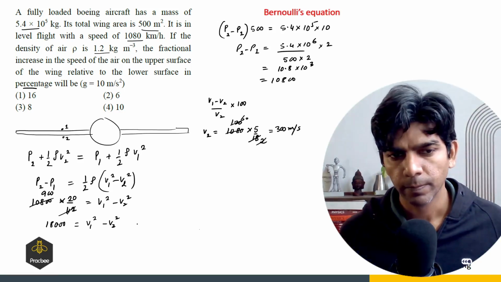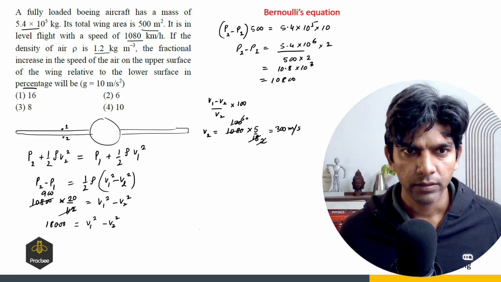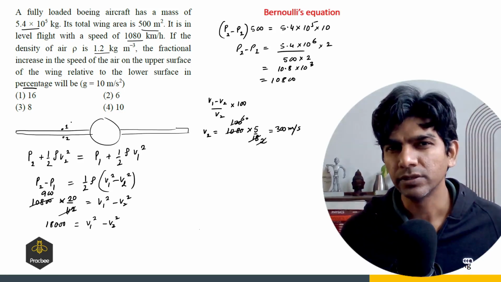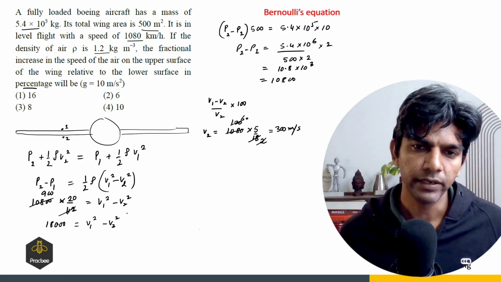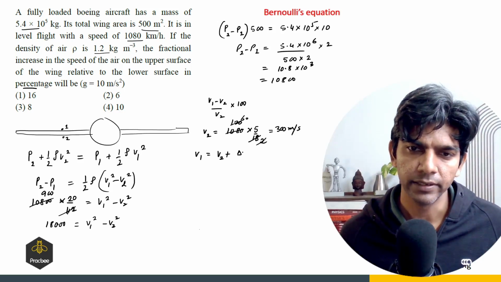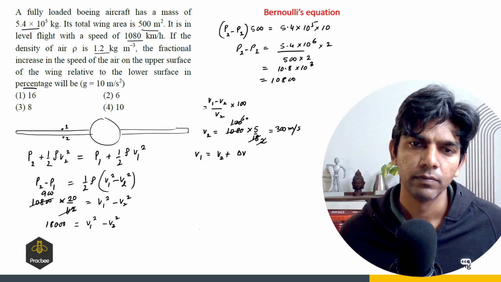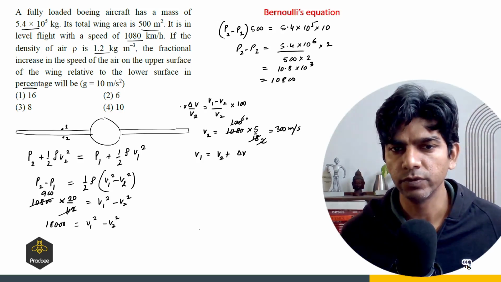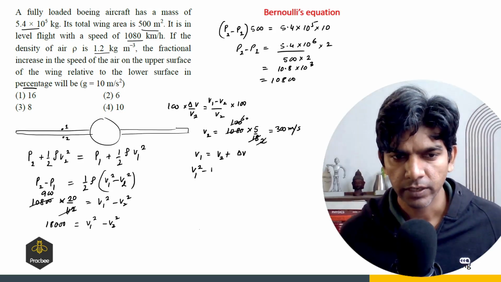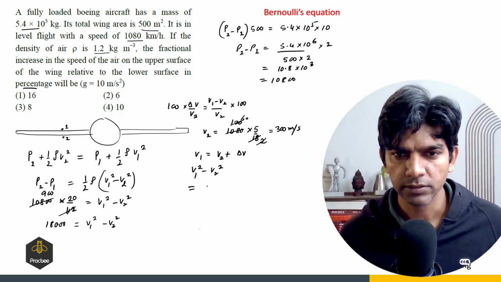Now we got V2 and we have to find the fractional increase. So I'm assuming that the increase in velocity is small. So what we can write, so V1 can be written as V2 plus delta V, right? Where delta V is nothing but V1 minus V2. So this we have to calculate. So V1 square minus V2 square can be written as V2 plus delta V square minus V2 square.